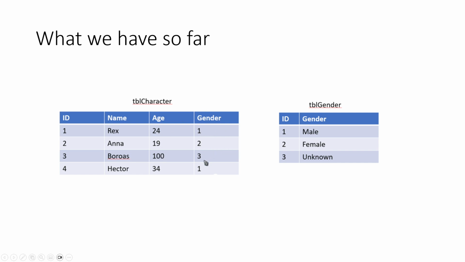So male, female, unknown, male. If we want to change Hector's gender from male to unknown, how do we go about doing that? Well, we'd come into the database table, find the Hector record, and simply change that from male to unknown. That sounds simple enough.